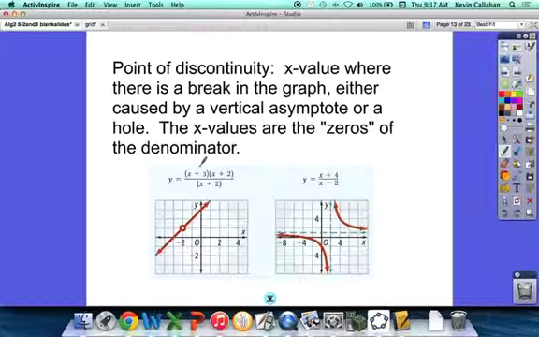Now, what's the difference? You find the points of discontinuity in the denominator. If you remember from chapter 5, the zeros are the points that make it equal 0. For example, this one has an x plus 2, so what is the x value that makes that equal 0? What do you plug in to make x plus 2 equal 0? Negative 2. That's why there's a point of discontinuity at x equals negative 2.